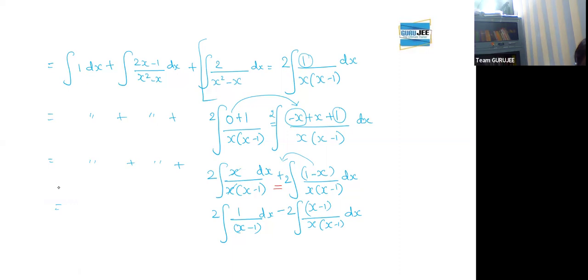Now 1 dx, when you integrate, it becomes x plus 2x minus 1 divided by x square minus x, which is in the form f dash of x divided by f x. Rule number 6. So this gives you log e mod of x square minus x plus c.